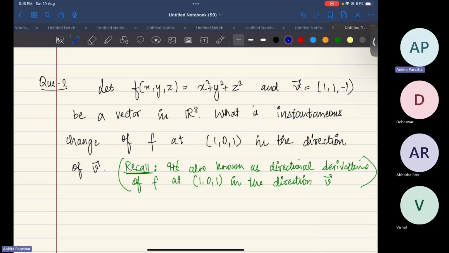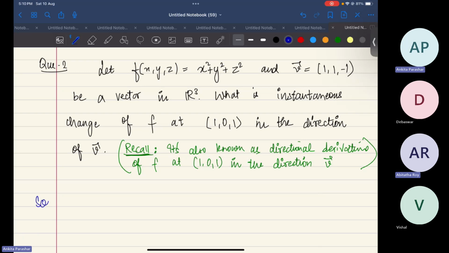If you follow the notes, you have to compute the instantaneous change of f at this point with respect to direction v, which is given to you. We compute the directional derivative. Can you quickly compute and tell me the answers?